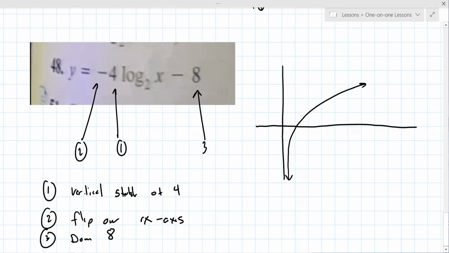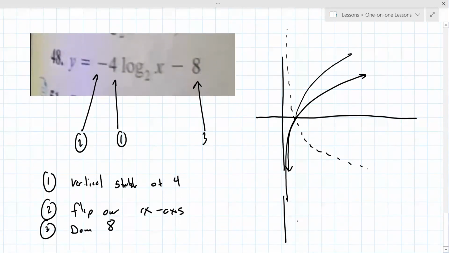You're stretching it by 4, so all that does is pull it, so it makes it look more like that and that, but it still goes like that. Flip over the x-axis, so that comes down this way. And then it's down 8, so it's way down here. I don't even have enough room, but effectively all these points go down 8: 1, 2, 3, 4, 5, 6, 7, 8. So it ends up looking something more like that when you're done.